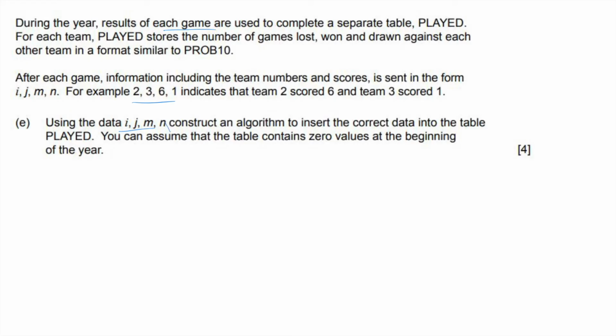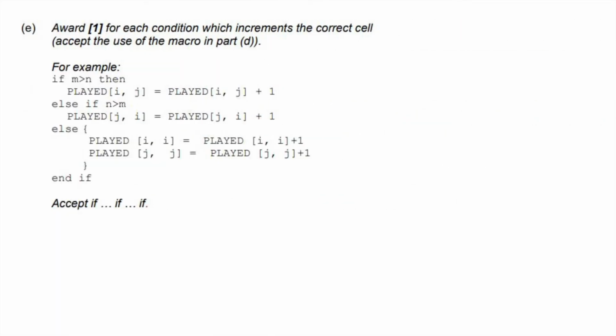So it says construct an algorithm. And you've seen this phrase before on paper 1. Hence, we're actually going to have to go ahead and construct an algorithm, and we're going to write this algorithm. I would say it's in the form of a macro because we're actually referring to cells here.